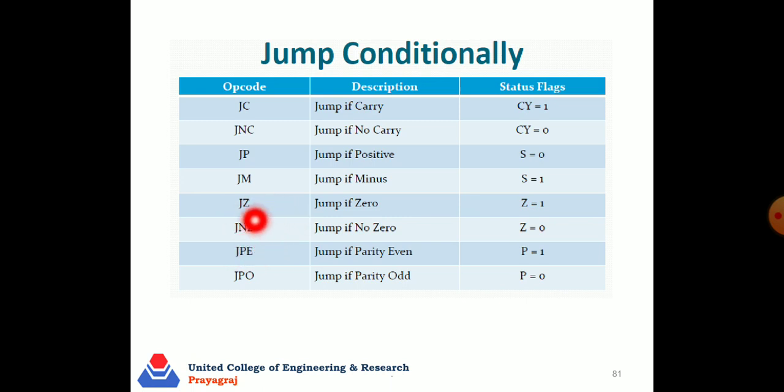JNZ means jump if the result is not zero, that means the zero flag should be reset, or 0. JPE, jump if the parity is even, that means the parity flag should be 1. JPO, jump if the parity is odd, that means the parity flag should be 0, then it will jump to the specified location.